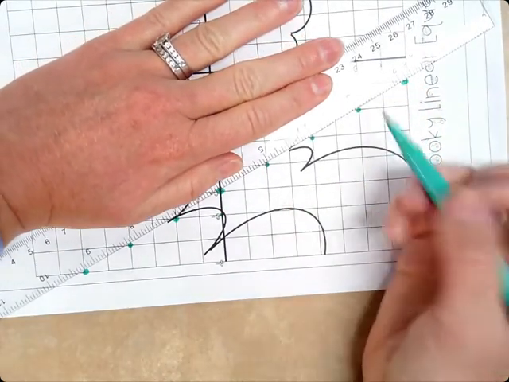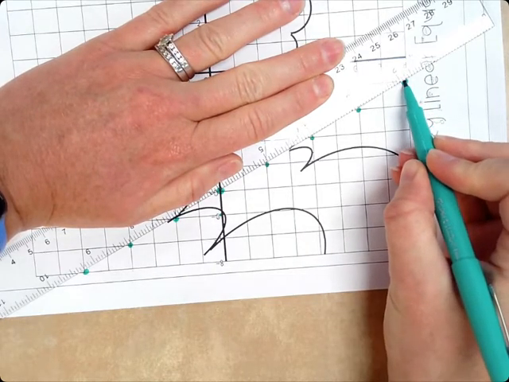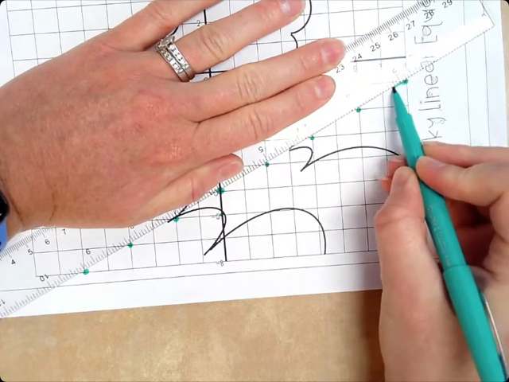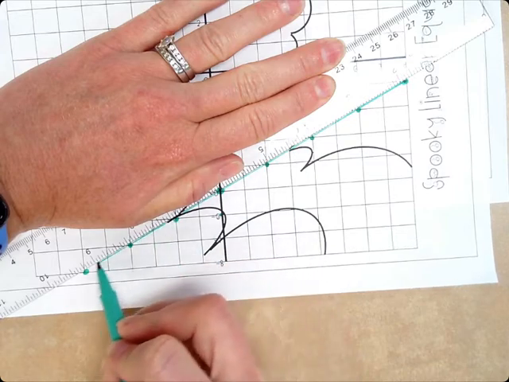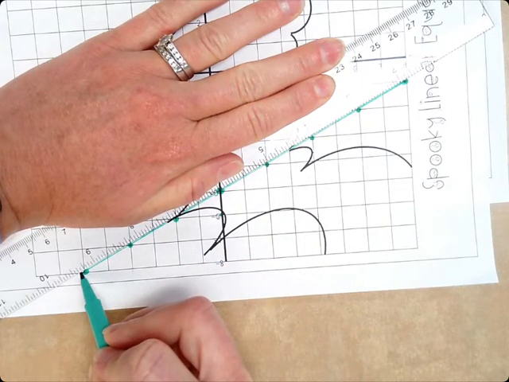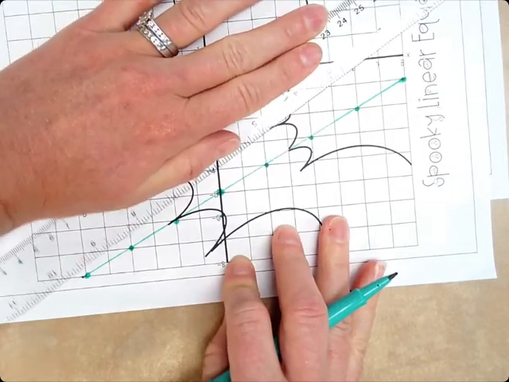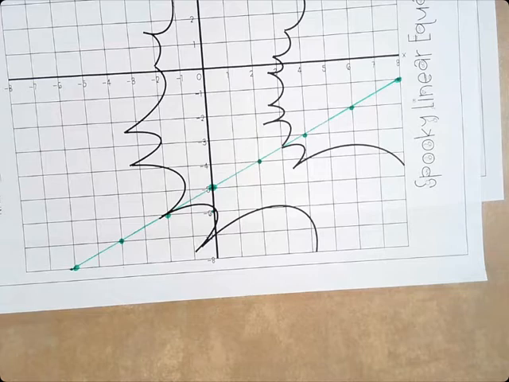That way, whenever I put my pen on the first dot, I can hold my ruler down really, really tight and then just drag my pencil along the ruler. If you let this slip, it'll make your line not straight. Please don't play with the rulers because they break easy.